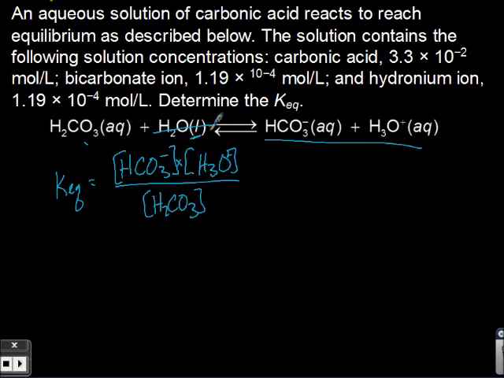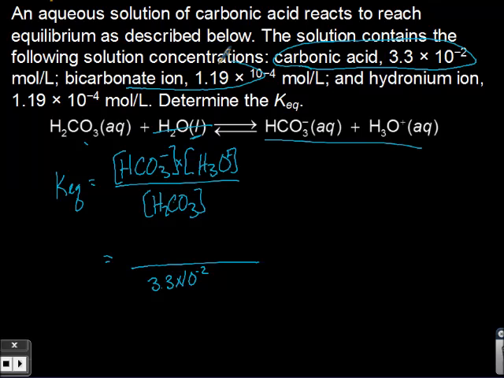There's no concentration given. So when I put the numbers in, it gave me my acid is this, which is 3.3 times 10 to the negative second. That's my acid. Okay. The bicarbonate ion is this, so the 1.19 times 10 to the negative fourth.